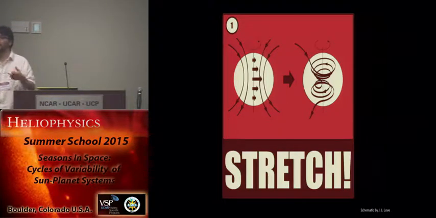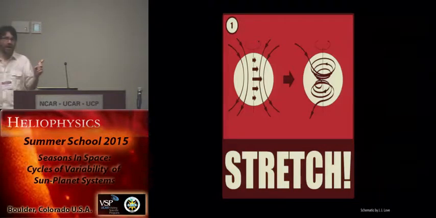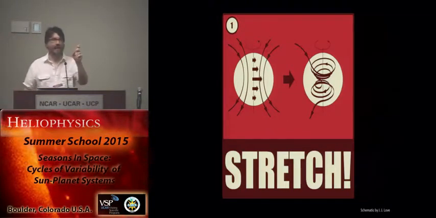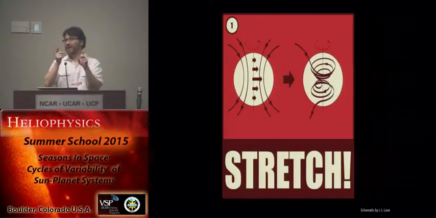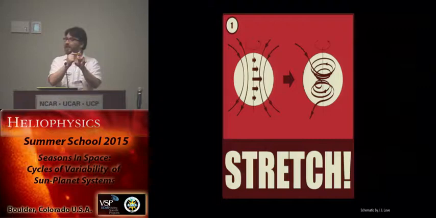So this is how you put energy into the stellar dynamo. Now, the other thing I wanted you to realize is that, in the case of the sun, you have differential rotation and a change in polarity across the equator.